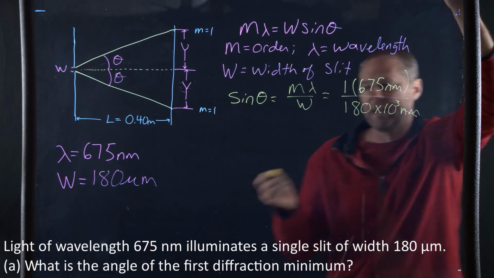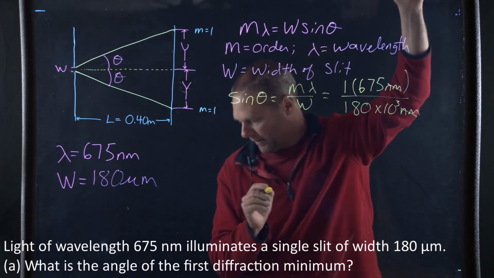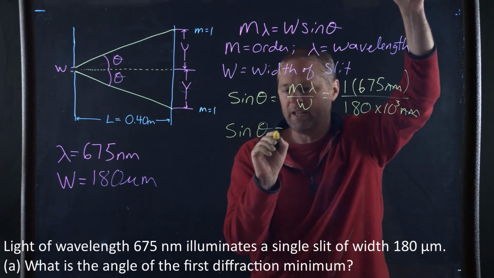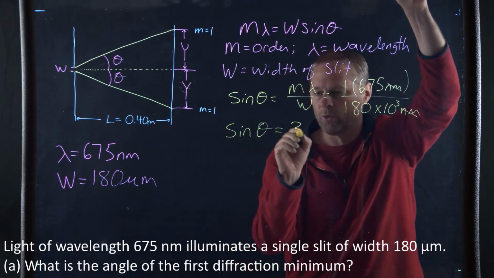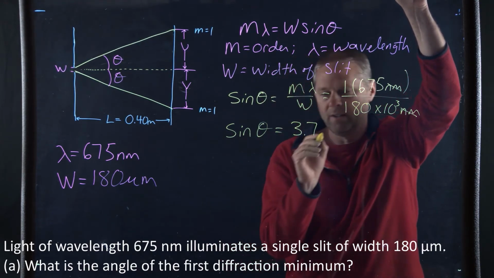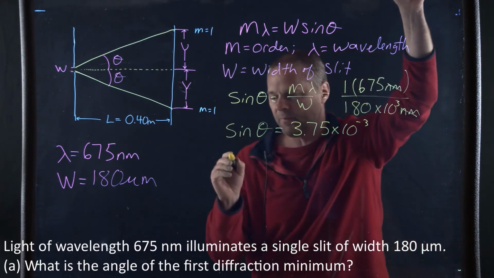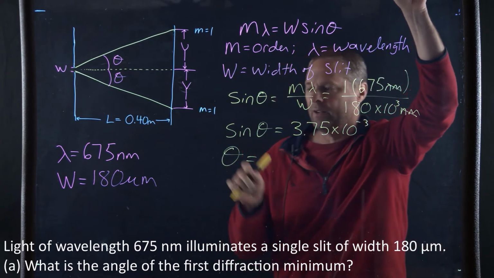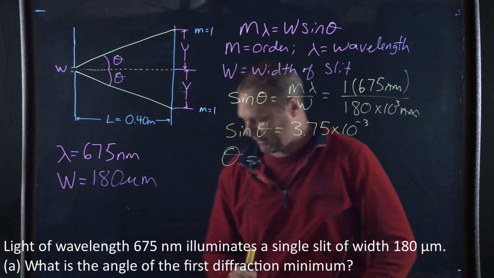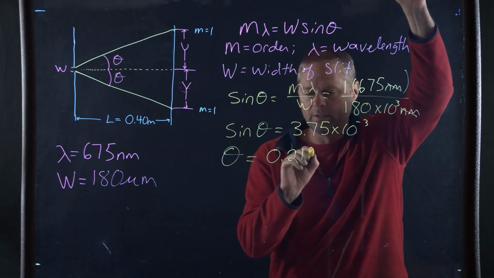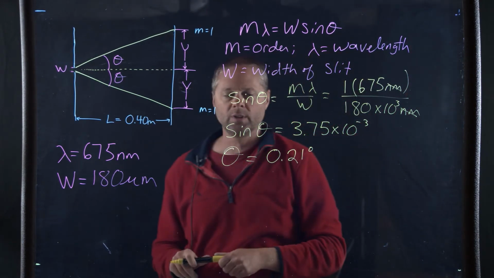So the nanometers cancel, we have a unitless number, and therefore the sine of theta is equal to 3.75 times 10 to the negative 3. Therefore, our theta, taking the inverse sine of that, is going to be equal to 0.21 degrees.